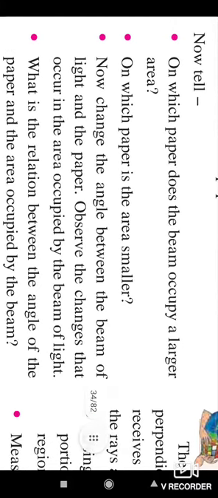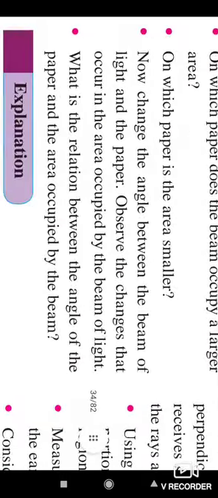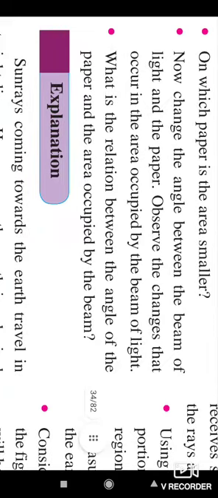On which paper is the area smaller? On paper A, the area is smaller. Now change the angle between the beam and the paper. Observe the changes that occur in the area occupied by the beam of light. So when we change the angle, with the slanting angle the beam of light covers a larger area.